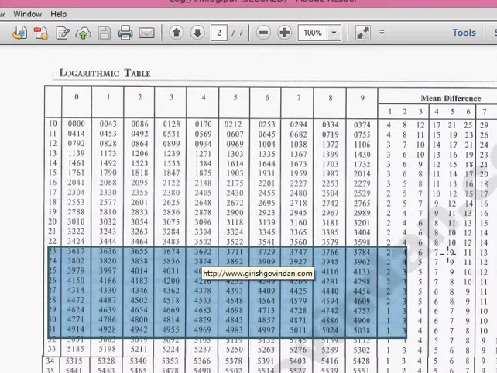Difference 5 is going to give us 9. So we have 3692 plus 9.